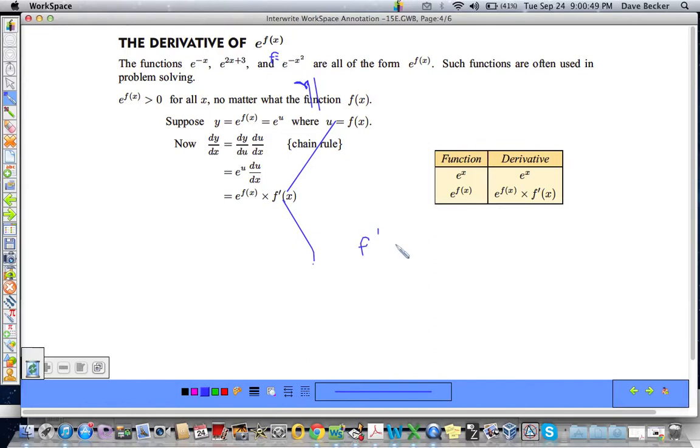So f prime would be equal to e to the negative x squared, times the derivative of negative x squared, which would be negative 2x. I guess this is redundant. The parentheses would have been enough. Okay? And we could simplify that, but that's just a quick example.